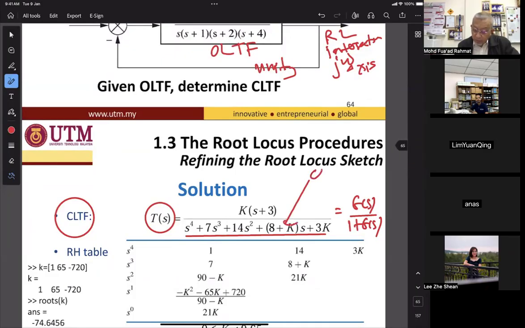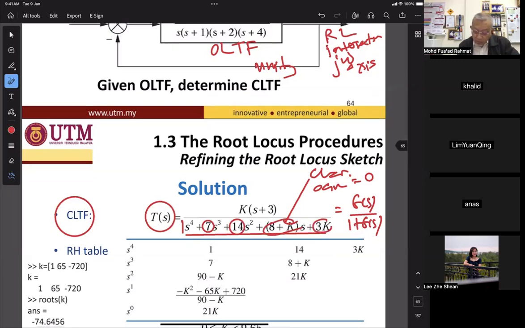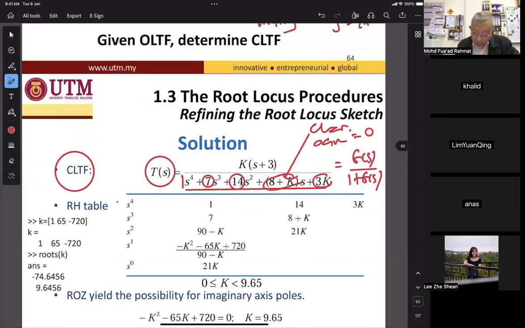So this characteristic equation is equal to 0. Take the coefficients 1, 7, 14, 8 plus K, and 3K and insert them inside the Routh table as shown here for S4, S3, and so on. And of course, the last one will be 0.